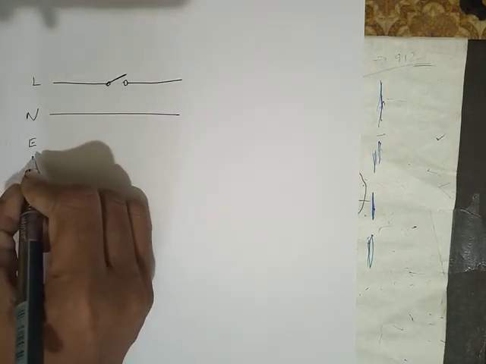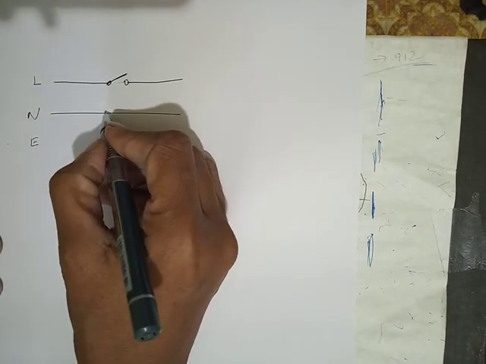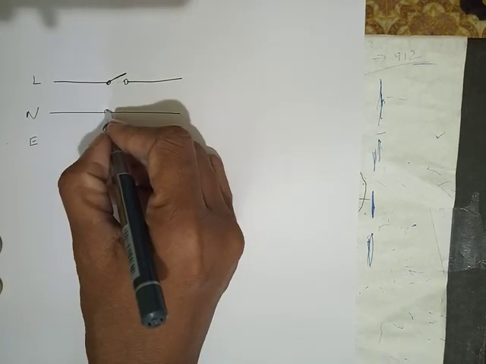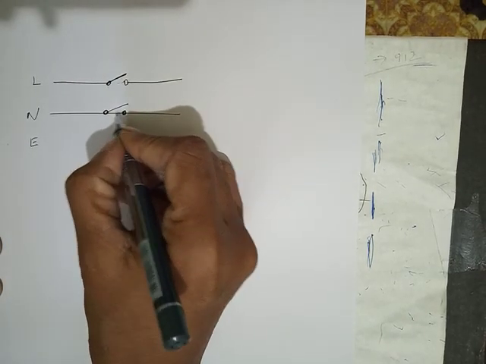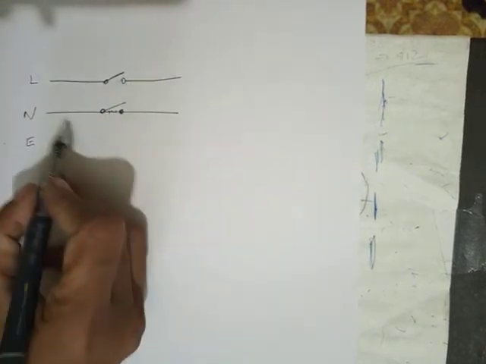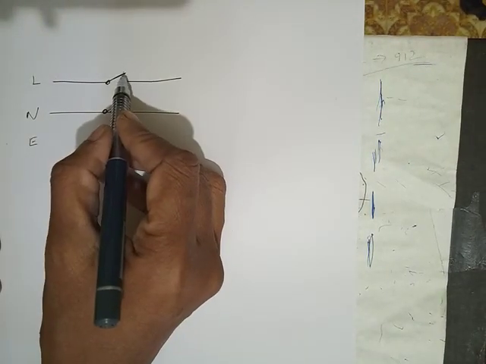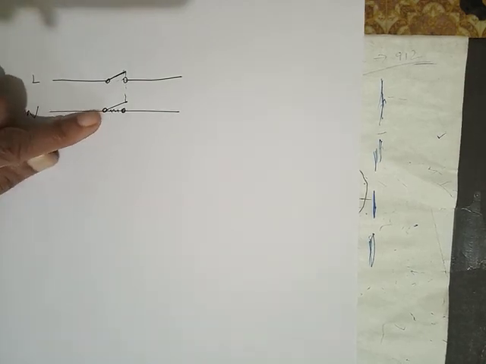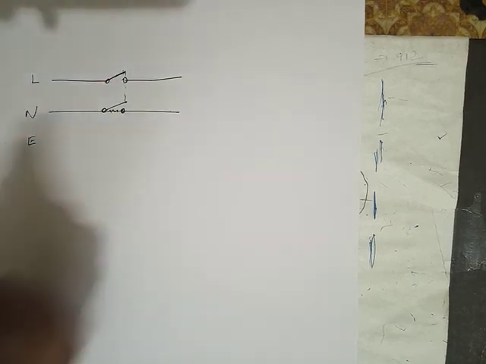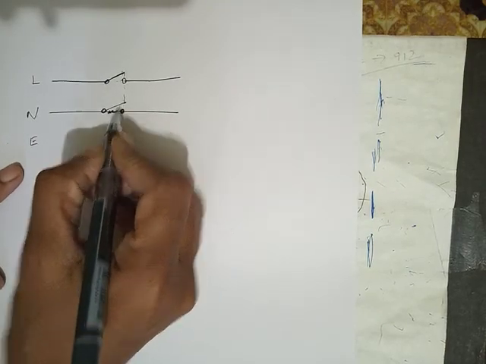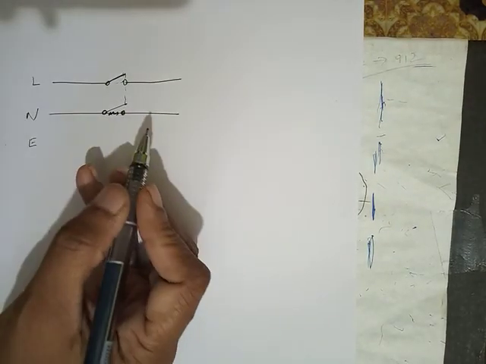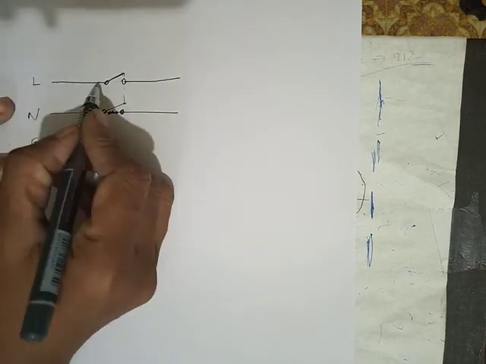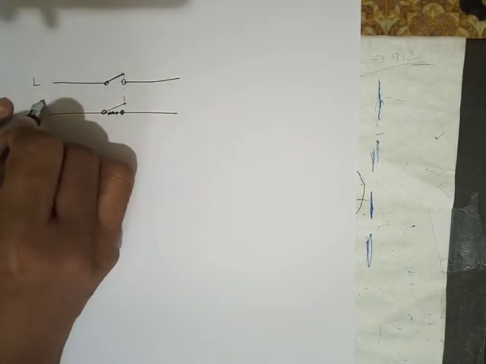But for safety sake, the main switch is usually a double pole switch, in the sense it will have poles on both live and neutral. So at a time when you switch it on, both will make contact. When you switch it off, both live and neutral will be cut off from the supply.